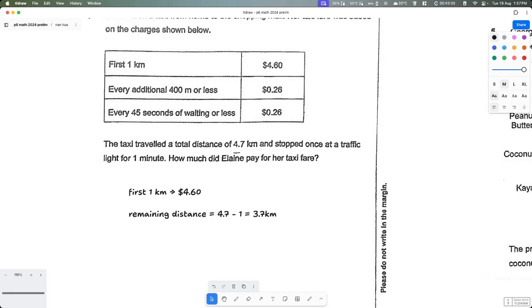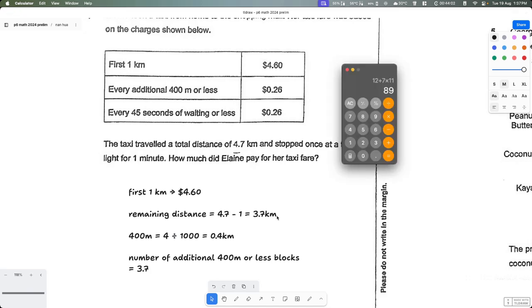Now we need to find the number of additional 400 meter or less blocks in 3.7 kilometers. First, we need to know what 400 meters is in kilometers. 400 divided by 1000 is 0.4 kilometers. Let's double check that.